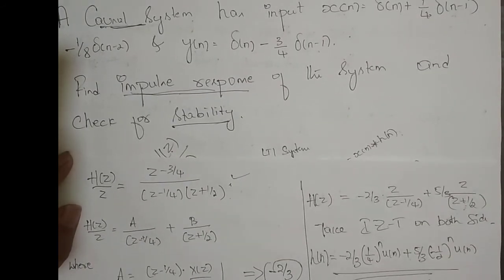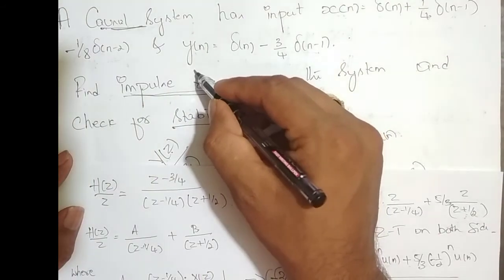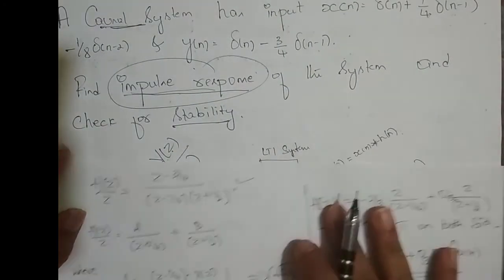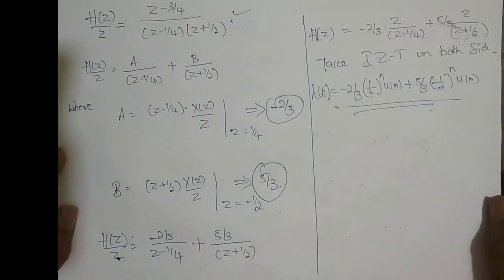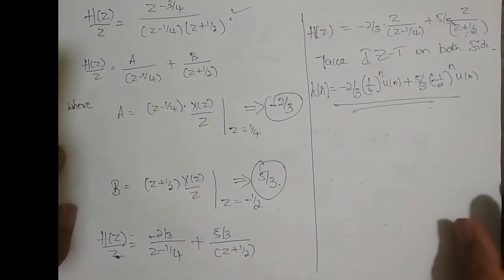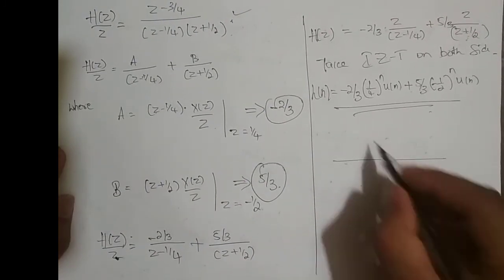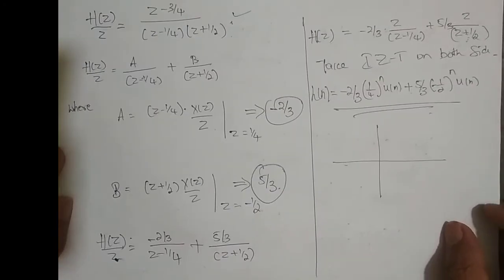Now what else do I need to find? I'm done with finding the impulse response, and what I need to do is check for stability. What is the statement for a causal system to be stable? All the poles should lie inside the unit circle, right? So how do we check for poles? These are the poles.